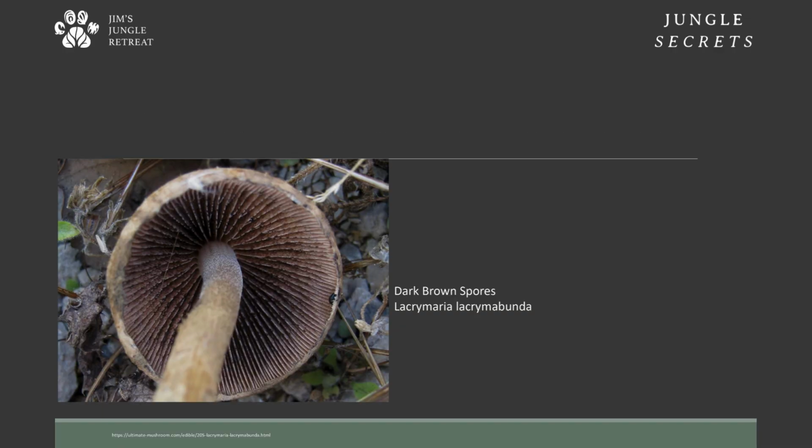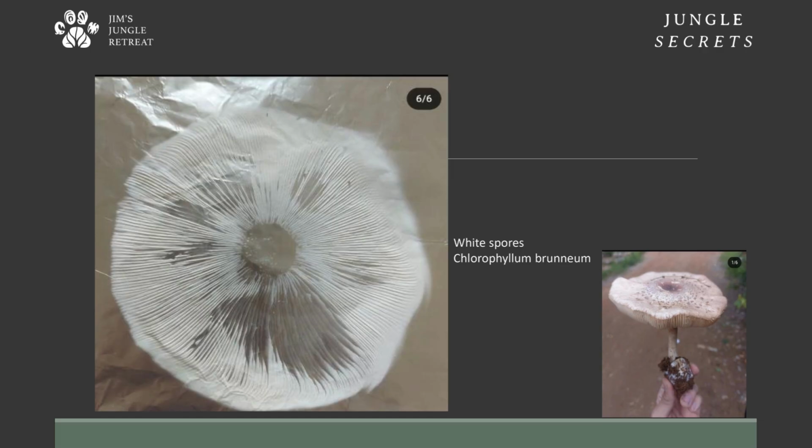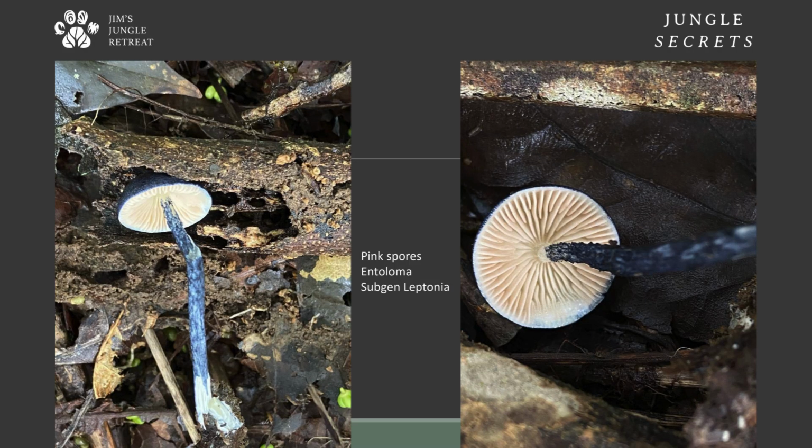Lacrimaria lacrimabunda is another example of a mushroom which has dark brown spores. So spore printing or spore color is an important feature. There are a lot of different spore colors. Volvopluteus has dark pink spores like these. White spores of the Chlorophyllum brunneum are there. There are Entoloma species which are called pink gills because they have pink spore color.